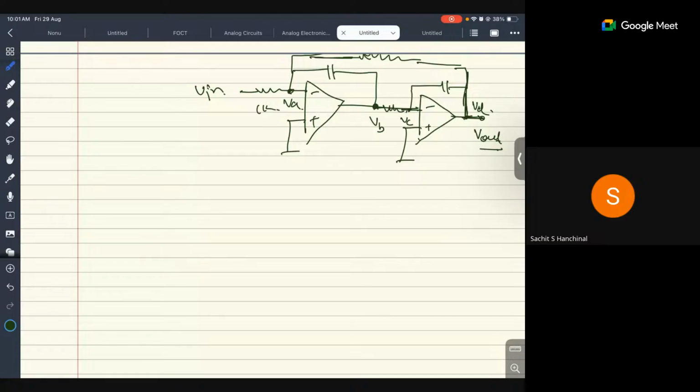Okay, so basically there are two particular devices. One is this one, and the second one is this one with this resistance and this capacitor.